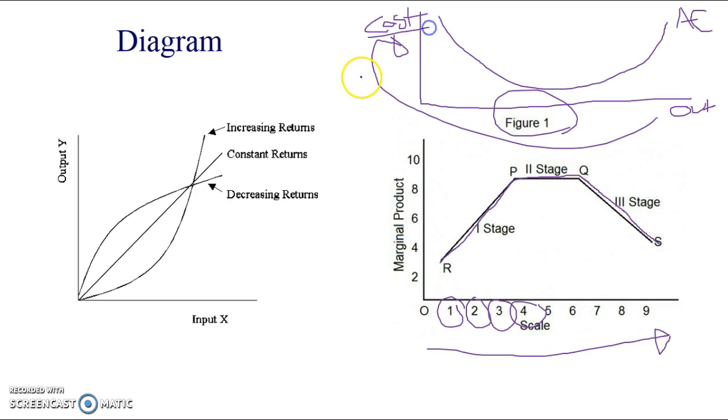Rather than putting costs along your vertical axis, you're putting your scale of production along the horizontal axis.